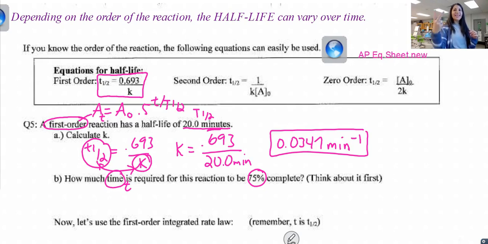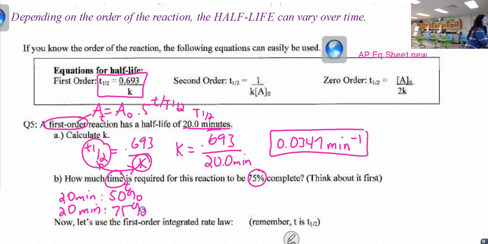After a second half-life, it should be 75% complete, okay? So if that's the case, then after 20 minutes, let's write this down, 50% of it is gone. After another 20 minutes, then another 25%, which means 75% must be gone. So how long is that? Well, that's 40 minutes, okay?